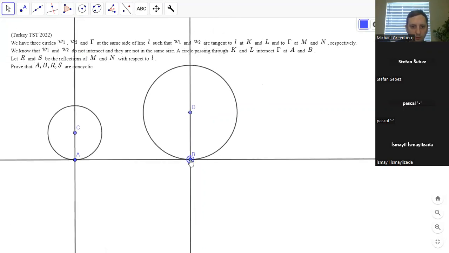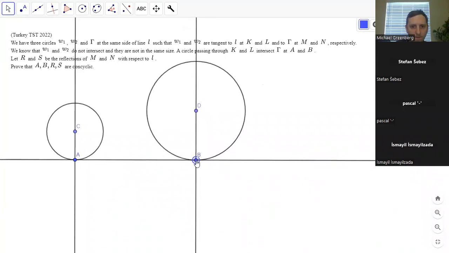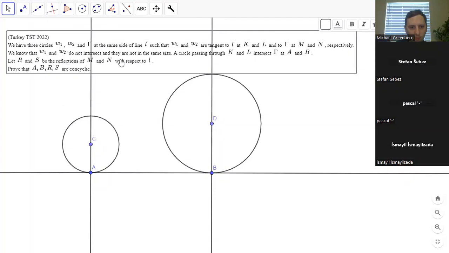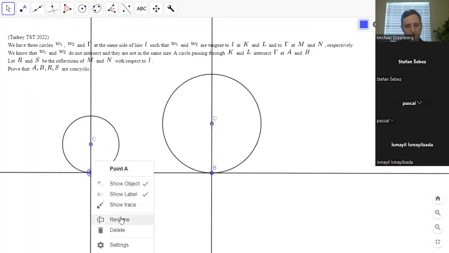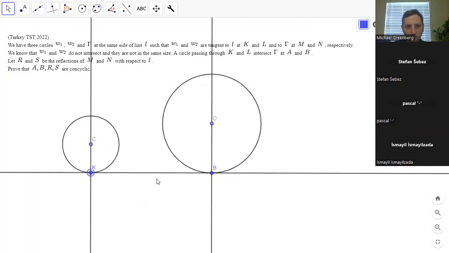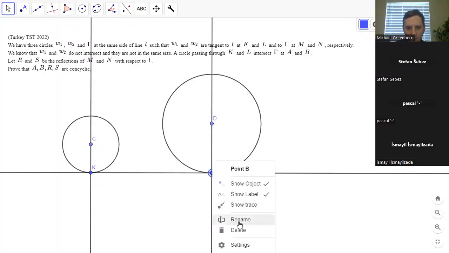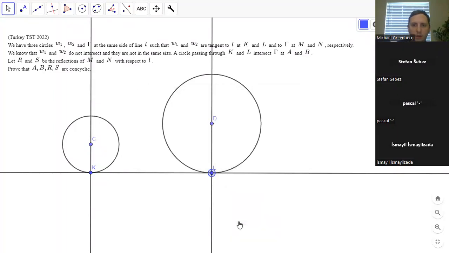So let's think about this. We want some other circle, so they're tangent at K and L, and tangent to some other circle at M and N. How do we draw that other circle?